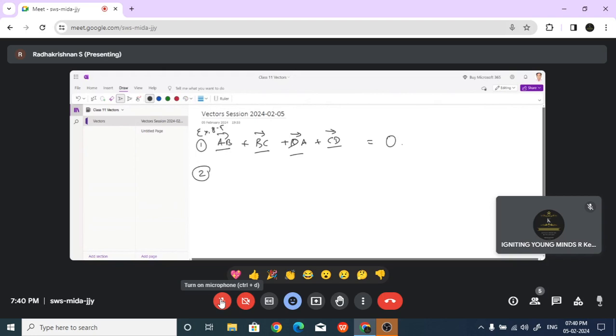Okay. So look at the next problem. There are two vectors. It's given that they are parallel. A plus 2B and 3A plus 6B, and A plus MB.